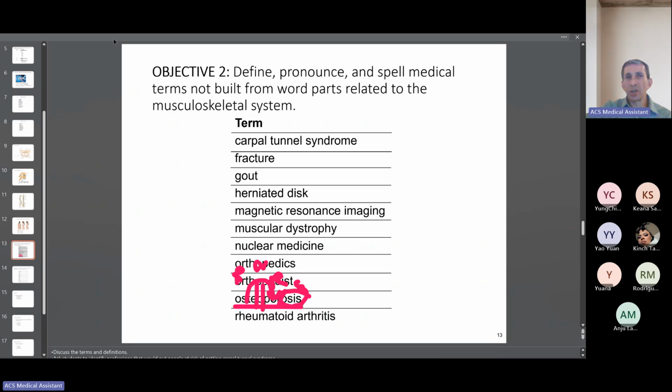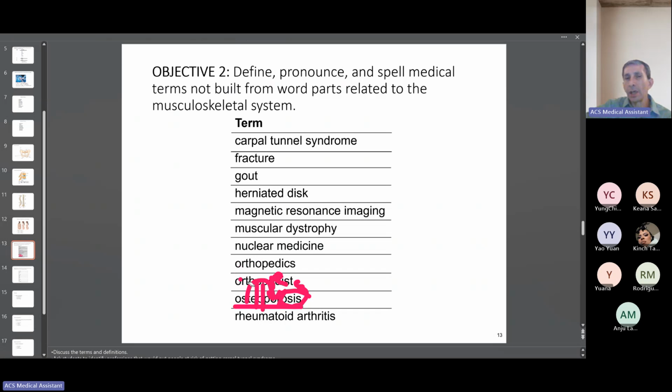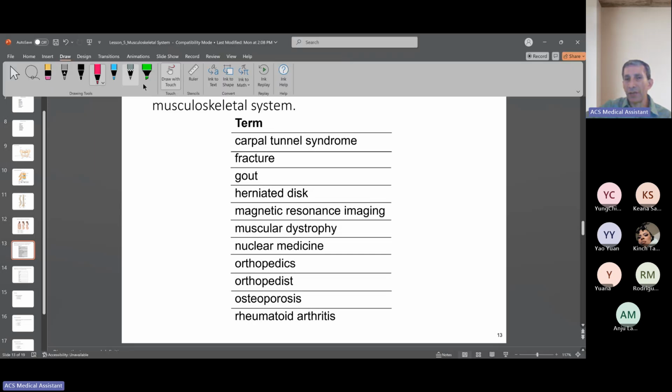That's called osteoporosis. What causes osteoporosis? Lack or deficiency of calcium and vitamin D. So if you have osteoporosis, then the doctor is going to recommend you take a certain amount of calcium and vitamin D. Women are the most affected, more at risk.